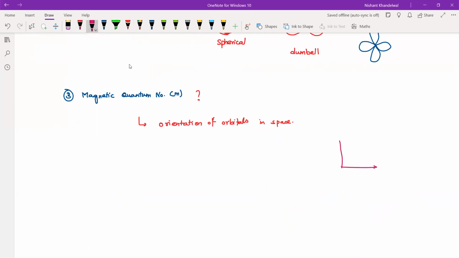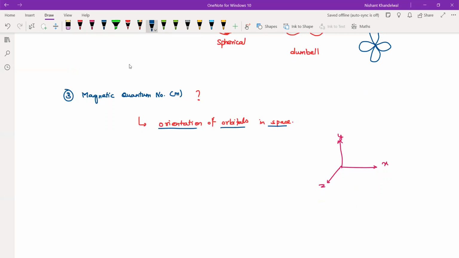Like if you have three axes, x, y, and z, and suppose I am talking about this p orbital, is it here, or is it here, or is it here? In which direction is the orbital placed in space? How can you tell that? Through this magnetic quantum number. It tells you how these orbitals are represented in space.